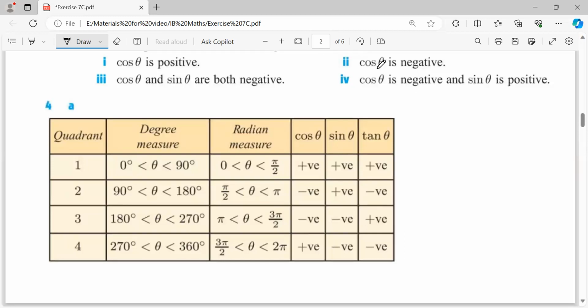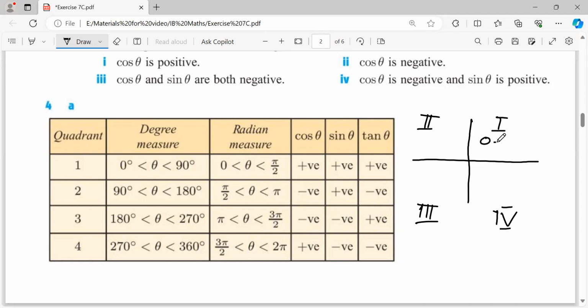If you draw the quadrants like this, quadrant 1, quadrant 2, quadrant 3, and quadrant 4, this is 0 to 90, this one 90 to 180, this quadrant 180 to 270, and this quadrant 270 to 360.